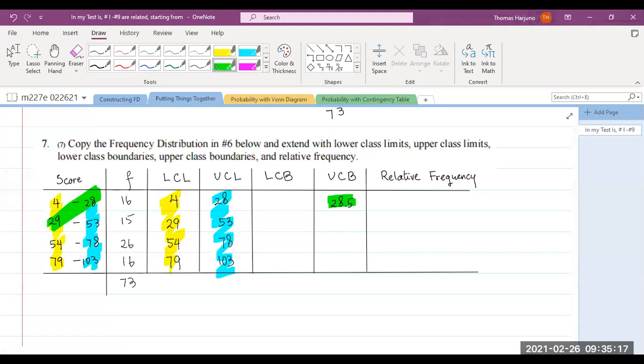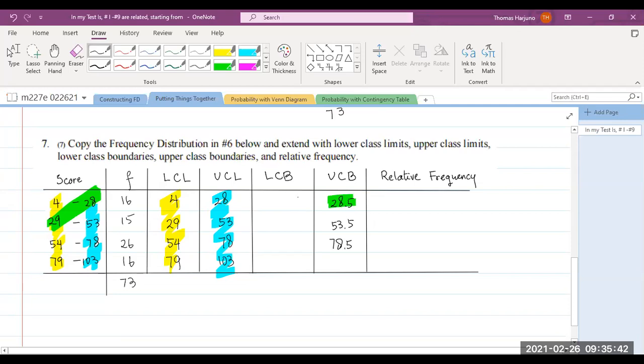And the next one is the average of these two, so this will be 53.5, 78.5.